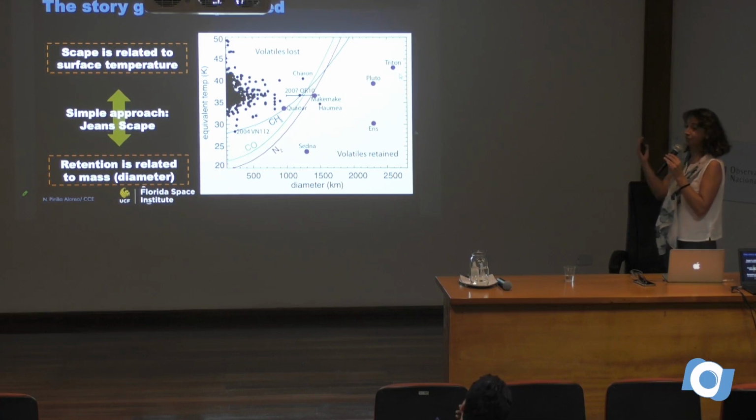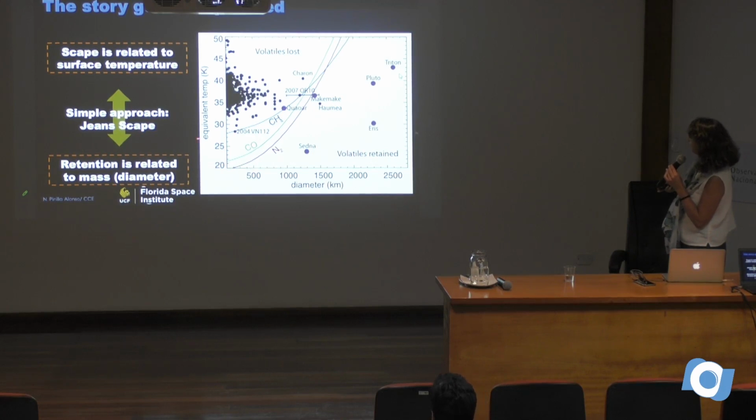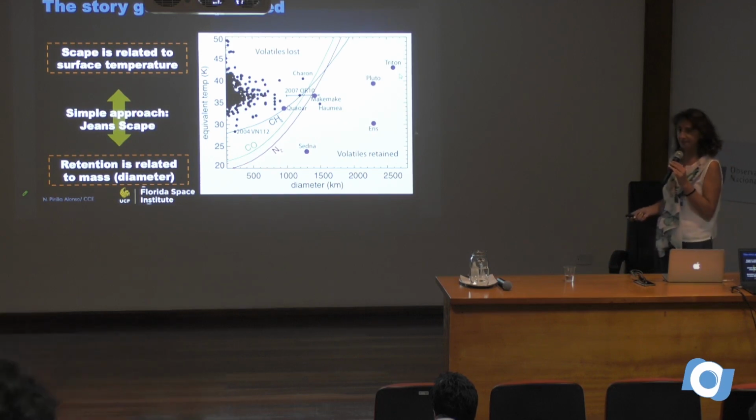So the competition between those two processes, if you approach it with the Jeans escape, tells you that every object on the left of these lines is going to be depleted of these original volatiles, and everyone outside of this could have a big amount of these original volatiles.